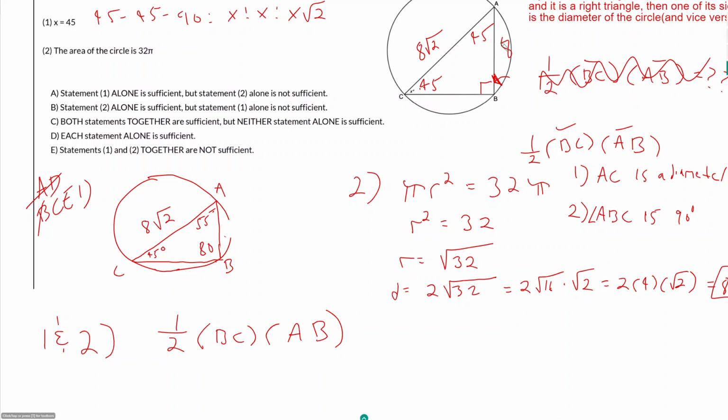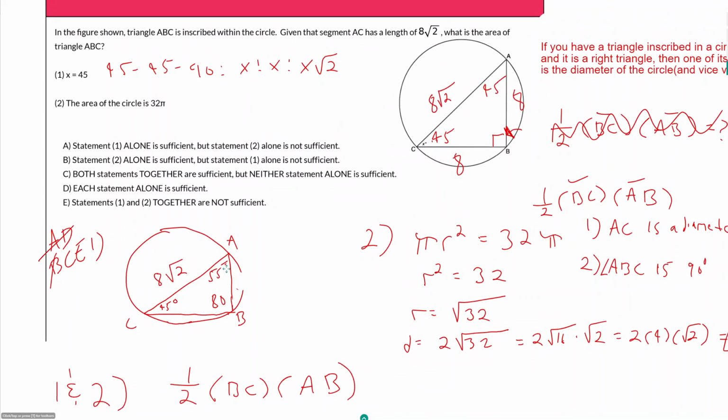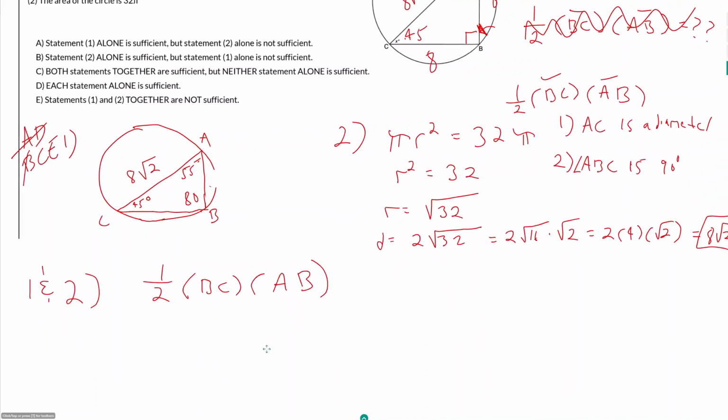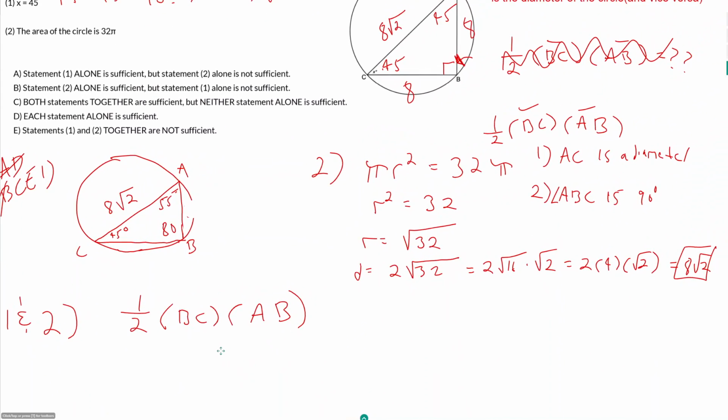So I can fill in the values from my proportion here for AB and AC, and therefore 1/2 base times height, the area of my triangle, should just be 1/2 8 times 8, which is just 1/2 64, which is 32.